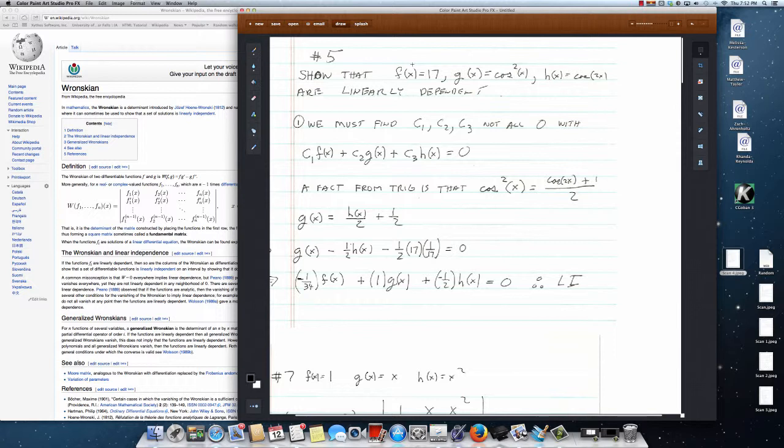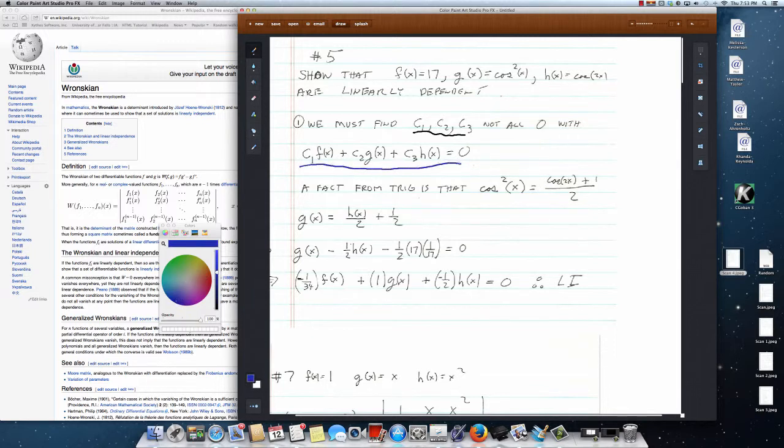This means we need to find these three constants, C1, C2, and C3, that have the property that we can write 0 as a linear combination of the 3 functions, and we want to show that we can do this in such a way that not all 3 of them are 0. Remember, if we can do that, then we will be able to solve for one of the functions, expressing it as a linear combination of the other 2.